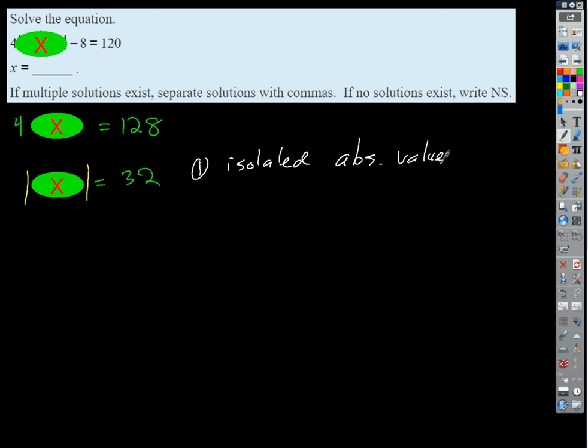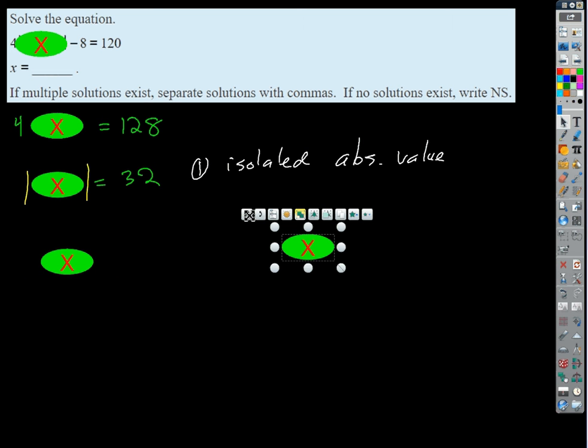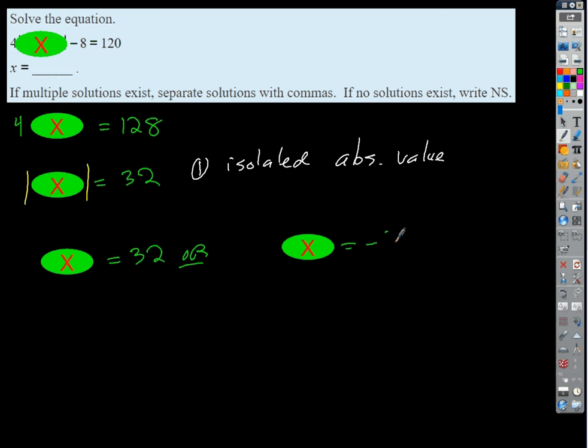Step 2. We're going to get two equations. Either what's inside is equal to positive 32, or what's inside equals negative 32, right?